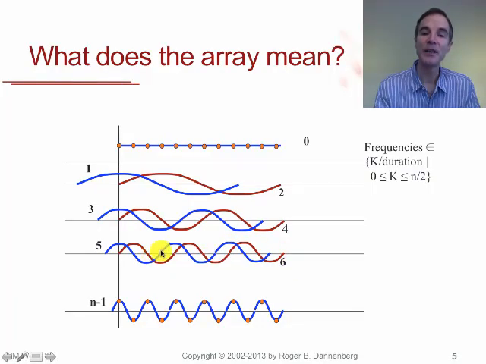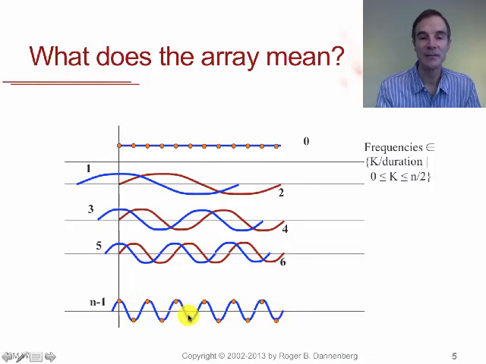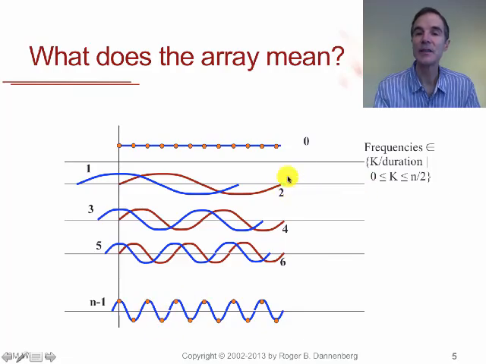And each one of these is multiplied by the input samples. You form the sum and stick that in the array. And finally, the Nyquist term illustrated down here has n over 2 cycles of a cosine. So we're just alternately multiplying the samples by +1, -1, +1, -1. Frequencies represented by these elements of the array are shown by k over duration, so for index k from 0 to n over 2.